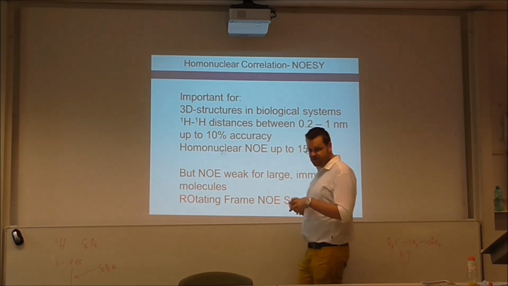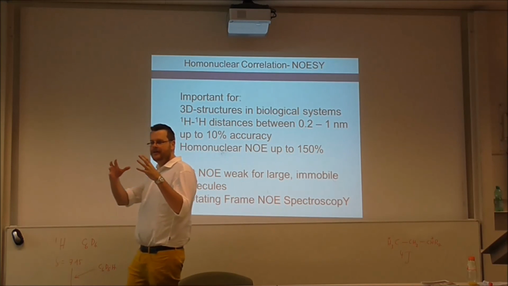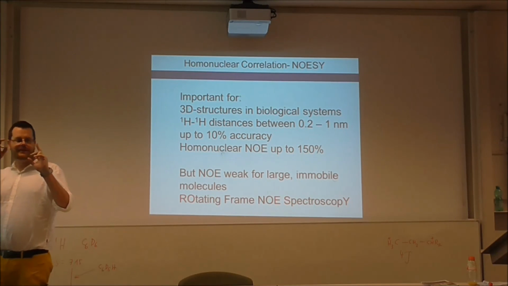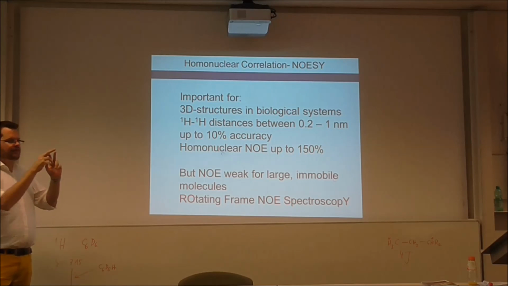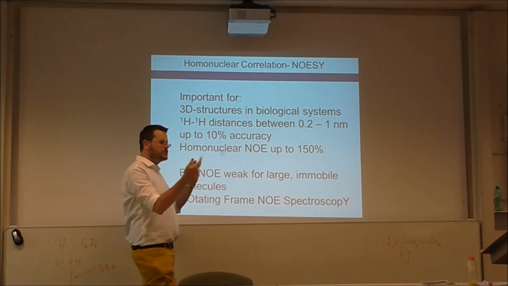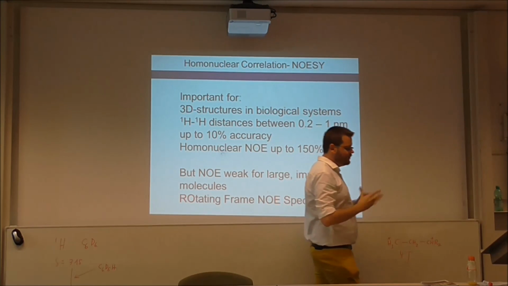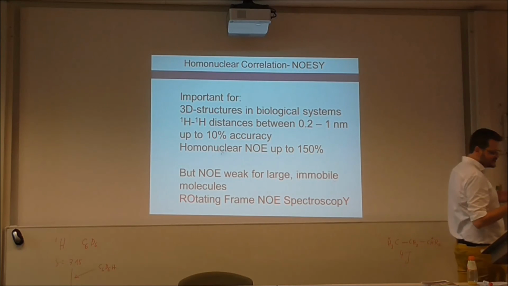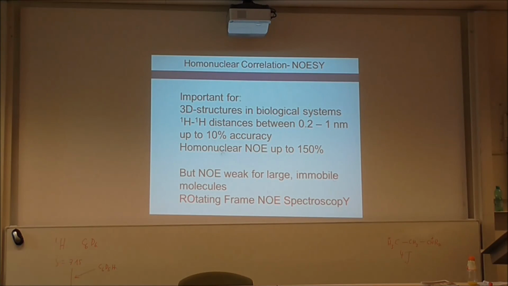Because remember, if something is immobile, the nuclear Overhauser effect, in other words coupling through space, is going to be switched off, or much weaker. So this is an alternative. ROESY is, if you like, a type of NOESY.